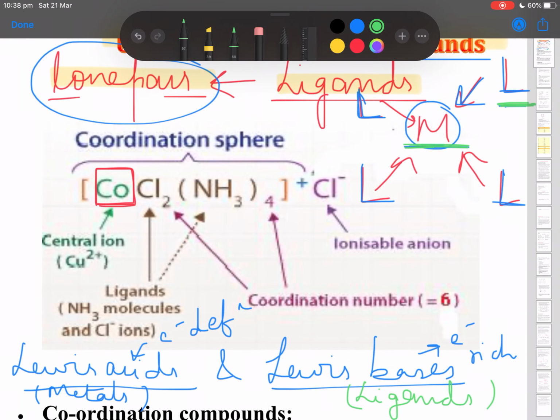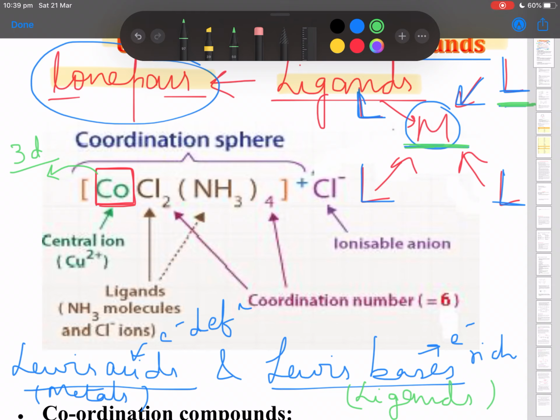Now here I have given you one very clear example to give you an idea what exactly is the structure of a complex compound. As I said, a complex compound is in need of having a central metal atom, which usually belongs to a transition series. So here you can see cobalt, which is a transition metal. It belongs to 3D series.